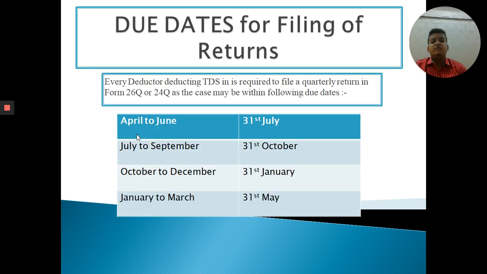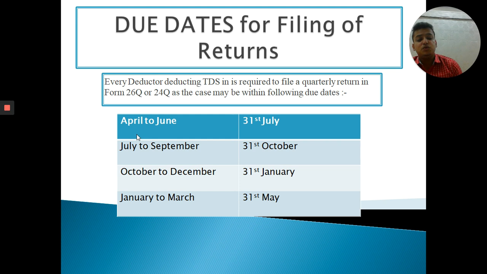Next, we'll cover the due dates for filing of returns. Every deductor who is liable to deduct TDS is also liable, on a quarterly basis, to file returns under Form 24Q or Form 26Q. And the dates are as follows.